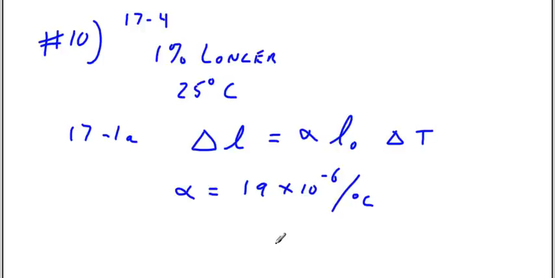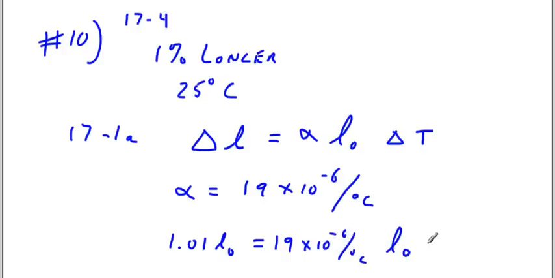All right. Now I want 1% longer. Okay, so I'm going to have 1.01 of L naught equal to 19 times 10 to the minus 6 per degree centigrade times L naught times my delta T, and my delta T is going to be some T final minus 25.